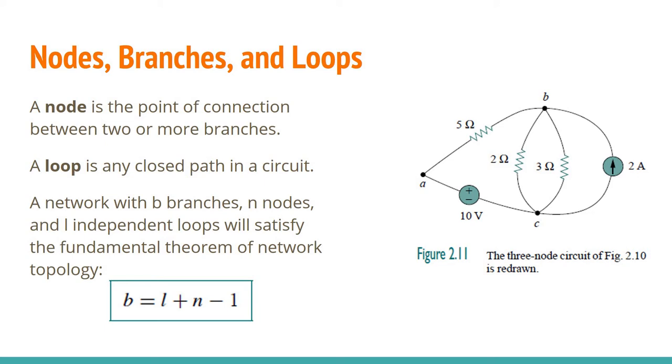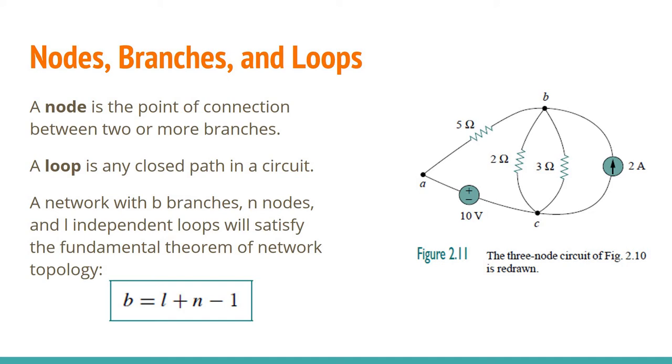A network with b branches, so ang tag b, number of branches. Ang network daw na ay number of branches, unya number of nodes, and independent loops. Independent loops will satisfy the fundamental theorem of network topology. So, to calculate kung pila ang branch, so makita mo na ito diri sa figure 2.11, kung pila gid ang branch.